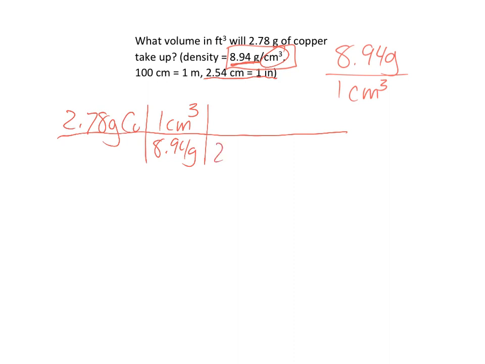So I have 2.54 centimeters in 1 inch. Now let's just take a pause here and look at what my unit would be. Grams would cancel out with grams, but centimeters cubed does not cancel out with centimeters, right? In fact, if I were to stop here, my unit would be centimeters squared per inch, which is definitely not where we want to be. So in order to make this all agree, I need to take this value and cube it.